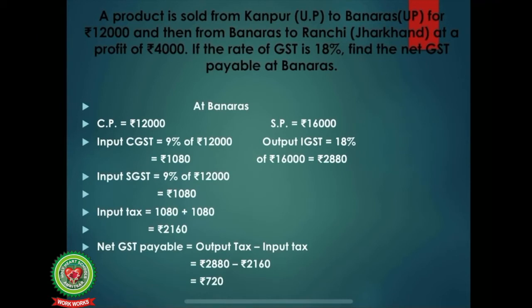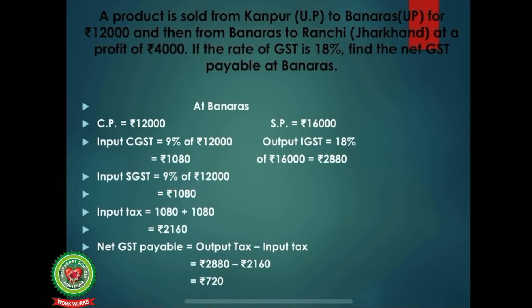Now for a dealer at Banaras, the cost price is rupees 12,000 and the selling price will be rupees 16,000 because he has sold the product at a profit of rupees 4,000. Now the input CGST will be equal to 9% of rupees 12,000. Why 9%?